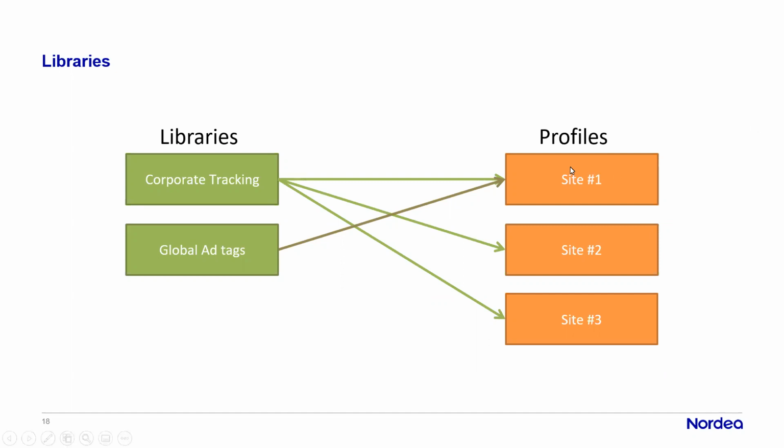In this case, it would be both of these libraries, the tracking one and the ad tag one. But for site 2 and 3, they would only import the changes from corporate tracking because that's the only library connected to that profile.